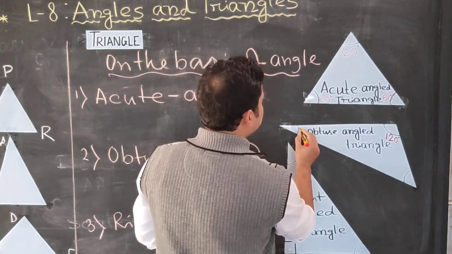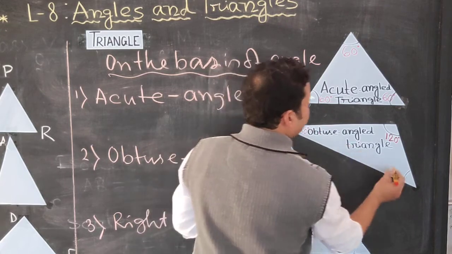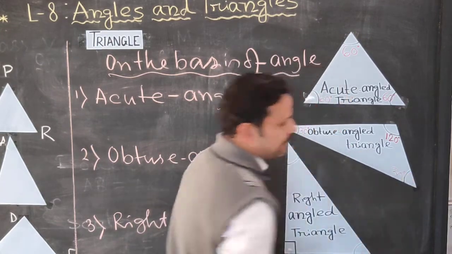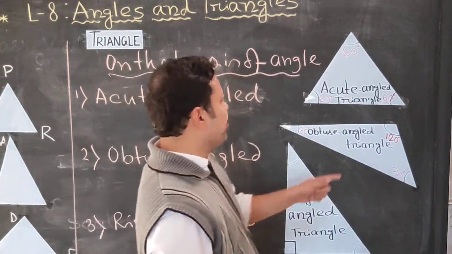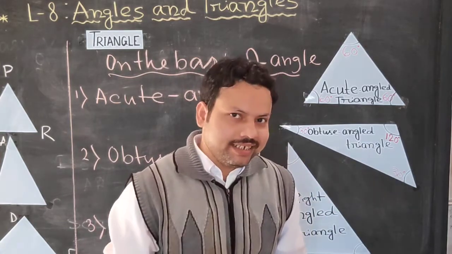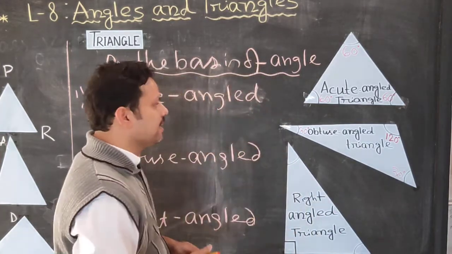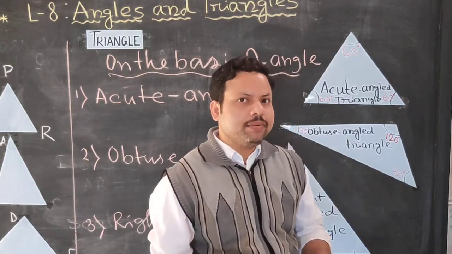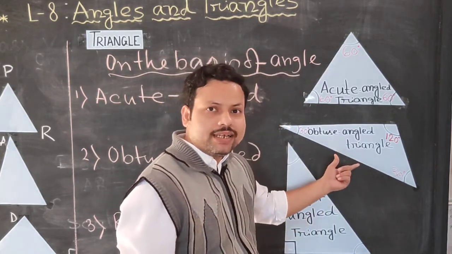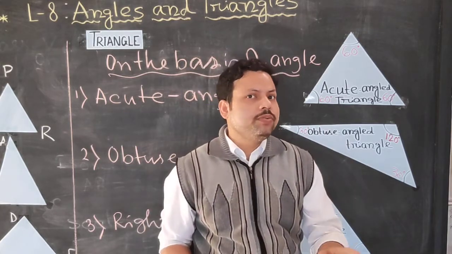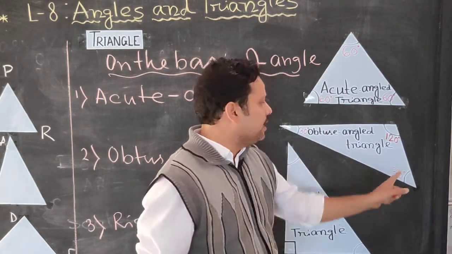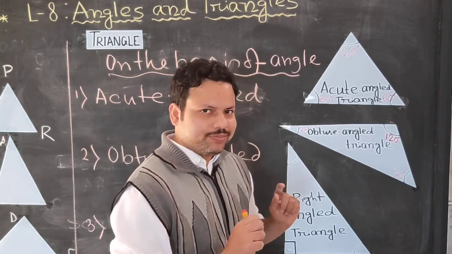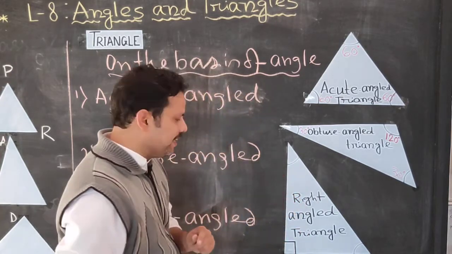Now say this one is 30 degrees and this one also 30 degrees. Now check once. Only one angle is more than 90 degrees. So this type of triangle is known as an obtuse angled triangle. And remember, in this triangle only one angle should be obtuse. Others are acute.